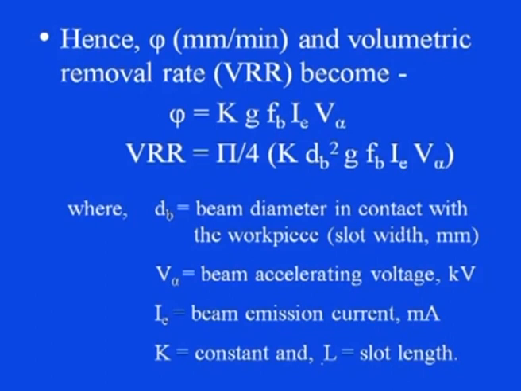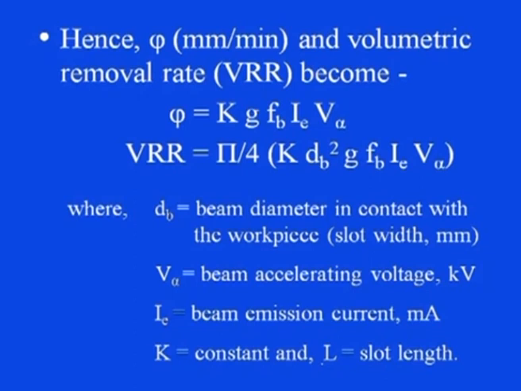Hence, phi in millimeter per minute and the volumetric removal rate VRR become phi equal to k times Z times Fb into I e into V alpha, whereas VRR is expressed as pi by 4 into k times dB square into Z into Fb into I e into V alpha.